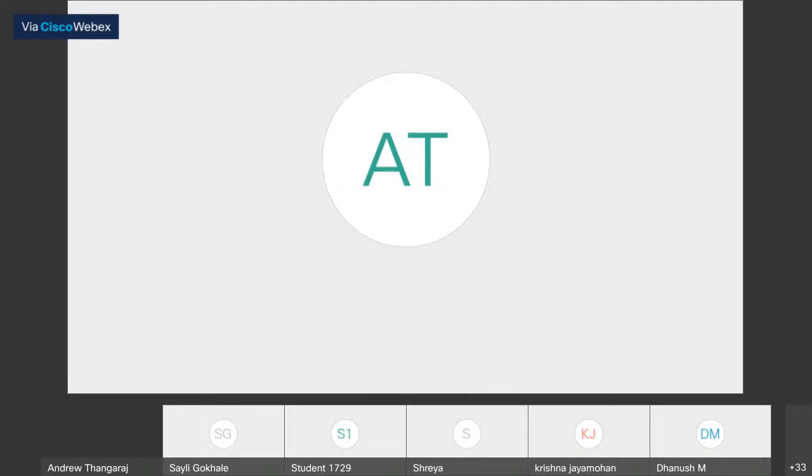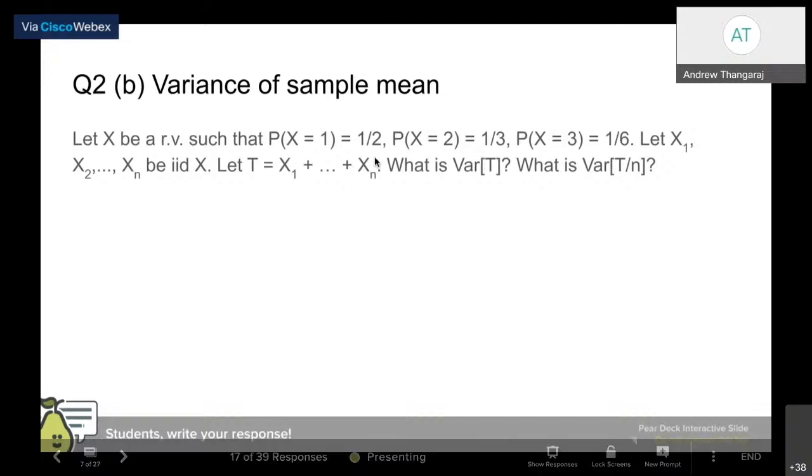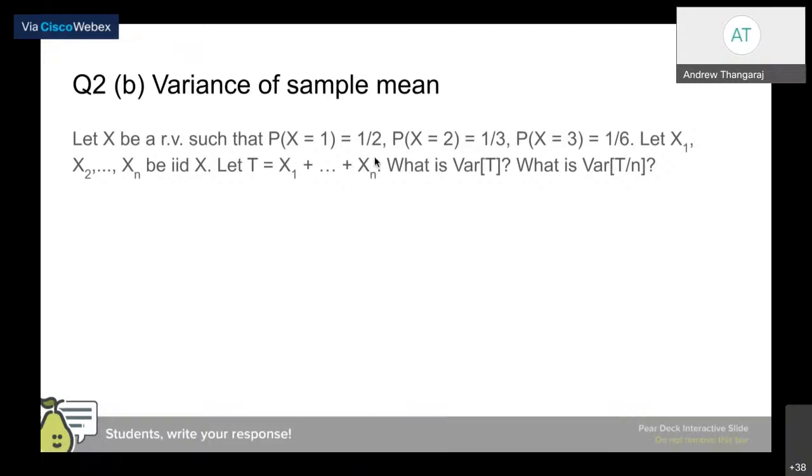Okay, so let me repeat the nature of this question. So you have 1, 2, and 3, and there are n IID samples of this distribution X, as in n could be 1,000. Just think of some very large number, or maybe a small number, 10, if 10 sounds better to you. So you have n IID samples of X. Each Xi is a random variable.